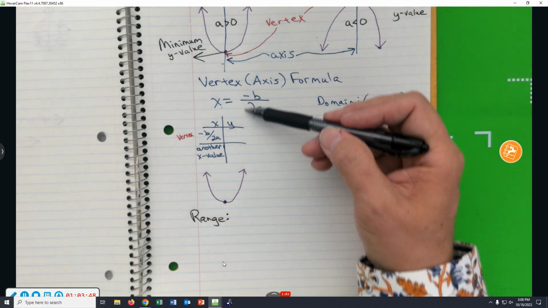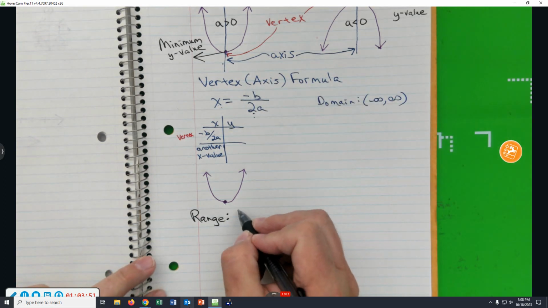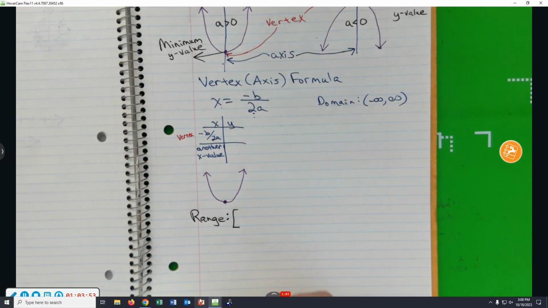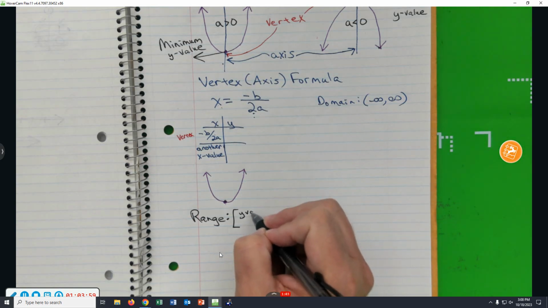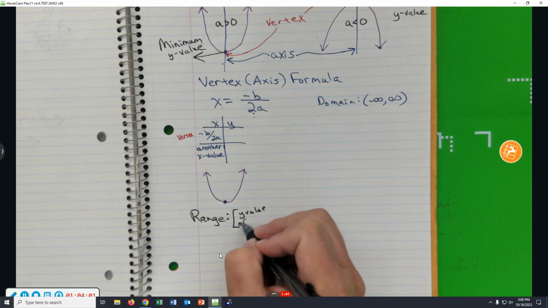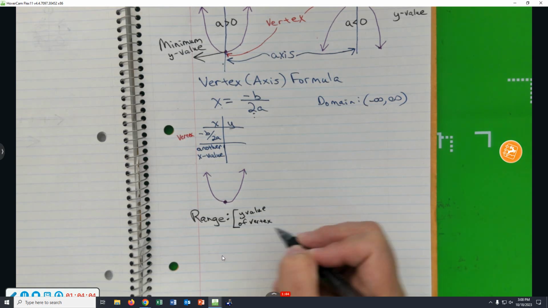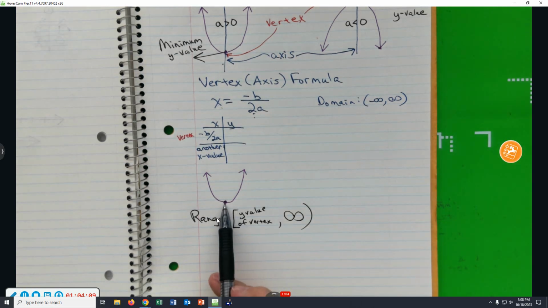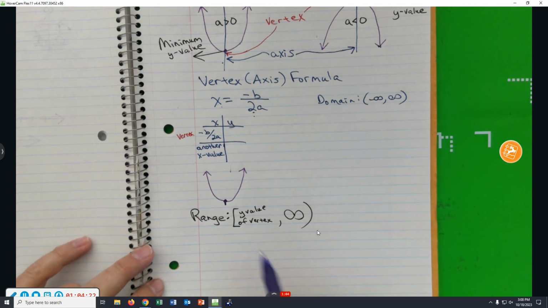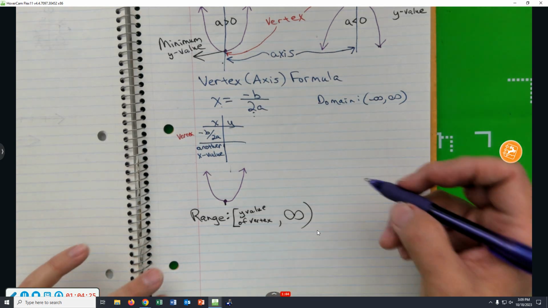These y values are getting bigger and bigger. So the first one will have a bracket because the number is used. It'll be the y value of the vertex, comma, positive infinity. The smallest y value on the graph is right here, and then every number bigger than it. Any questions on my logic? It'll make a little more sense when you actually have numbers rather than y value of vertex.